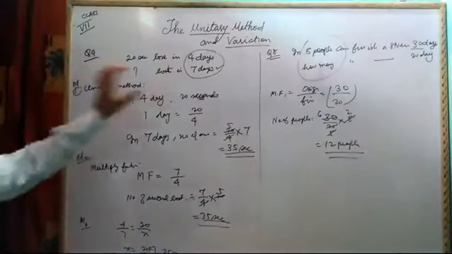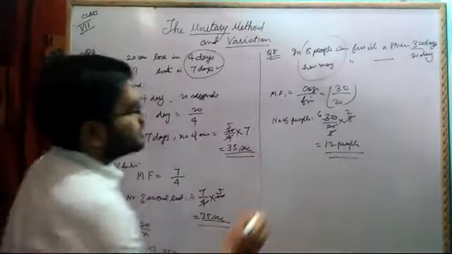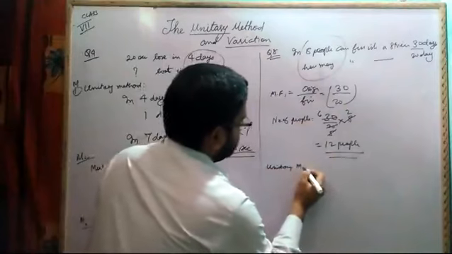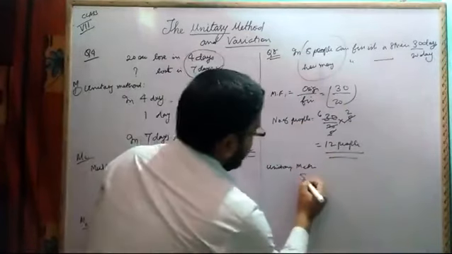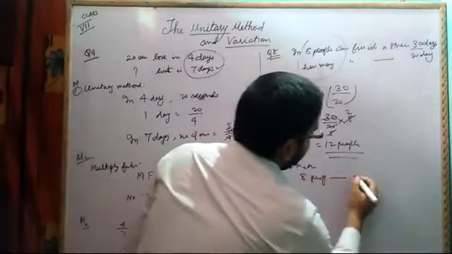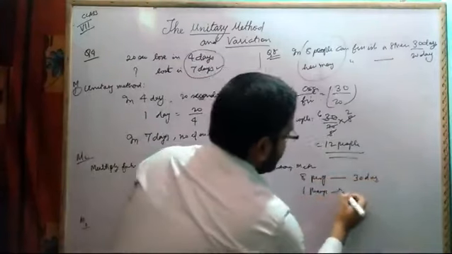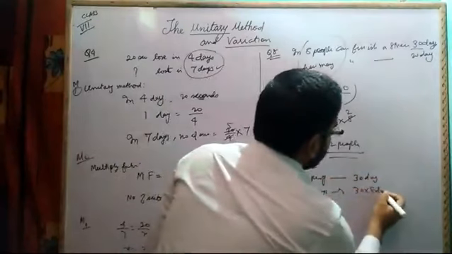Now you all will apply the unitary method and solve, or else let me solve here using the unitary method. 8 people can finish in 30 days. So 1 person will take 30 into 8 days.